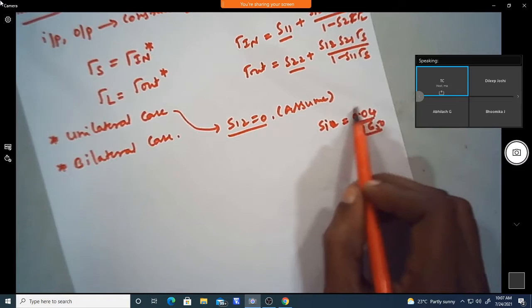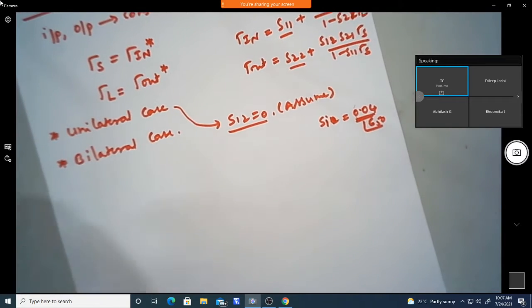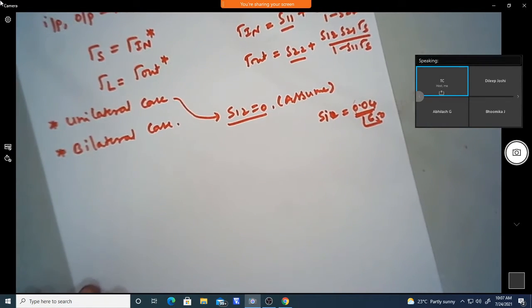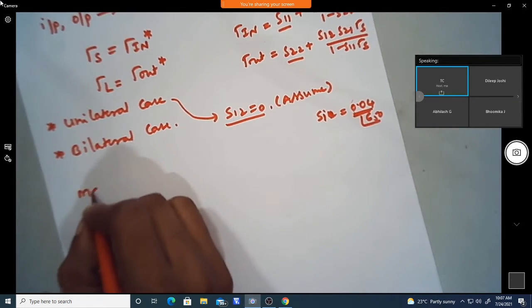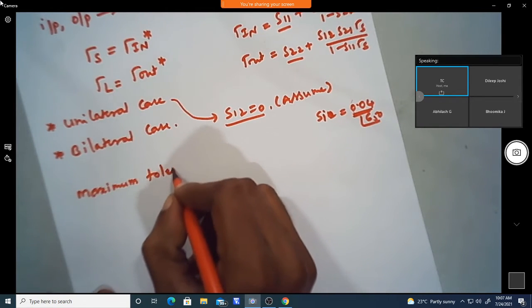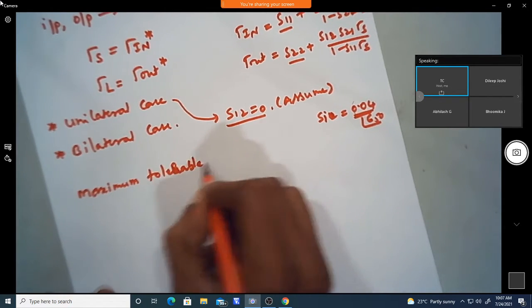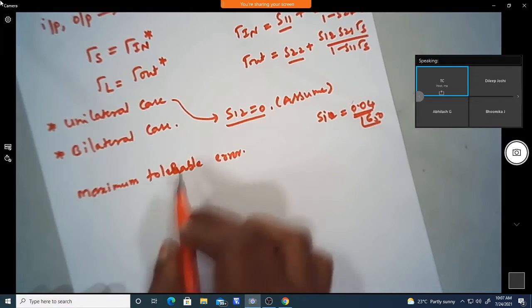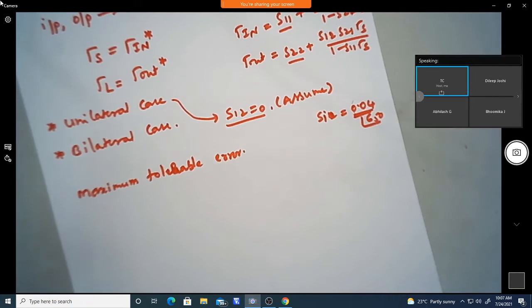Now if I approximate this value as 0, how much error will I get in the maximum gain, that is while calculating the gain. So we need to calculate the maximum tolerable error. Then we compare the final gain with this error.